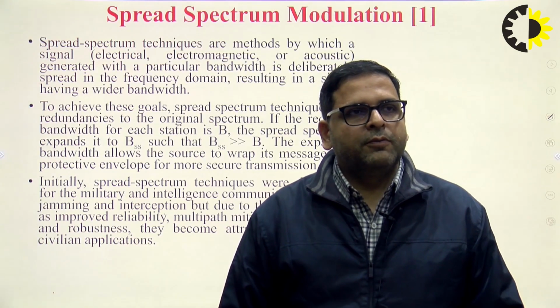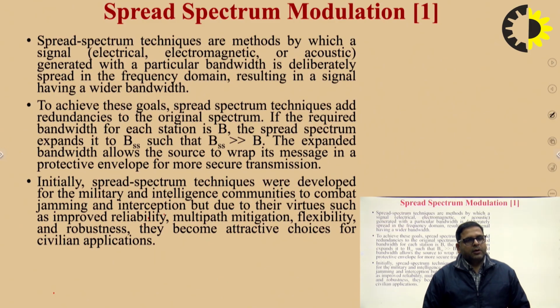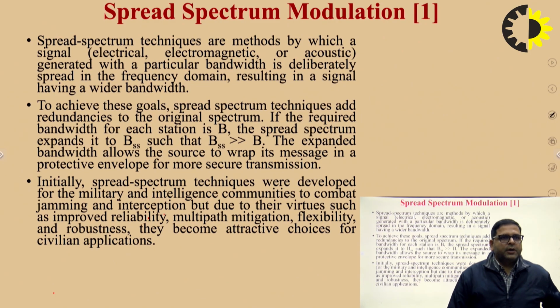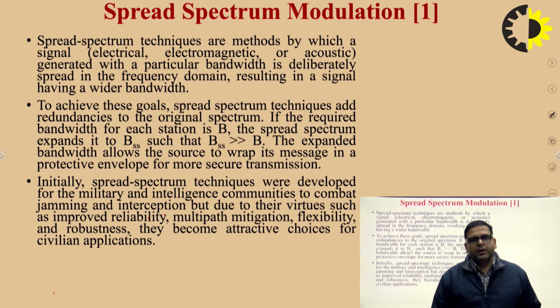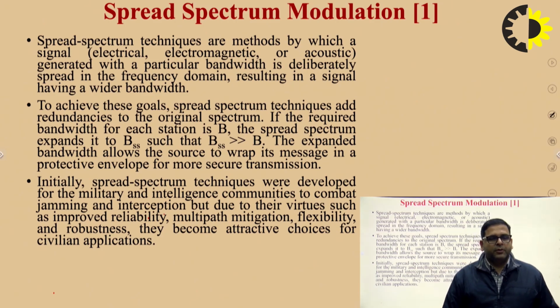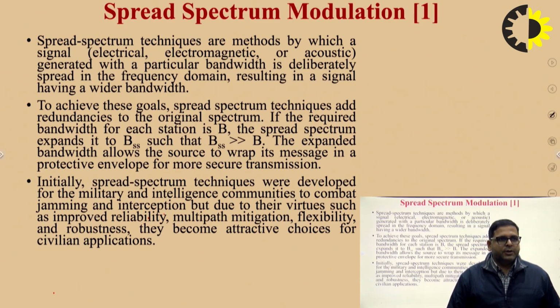First of all, when we talk about spread spectrum, the question comes to our mind: what is spread spectrum? Spread spectrum was initially introduced to save our signal from enemies.